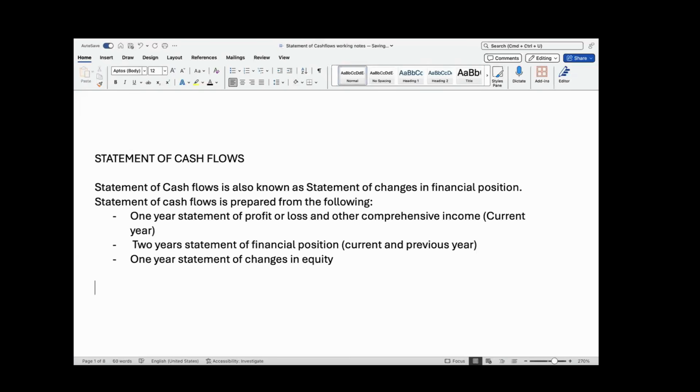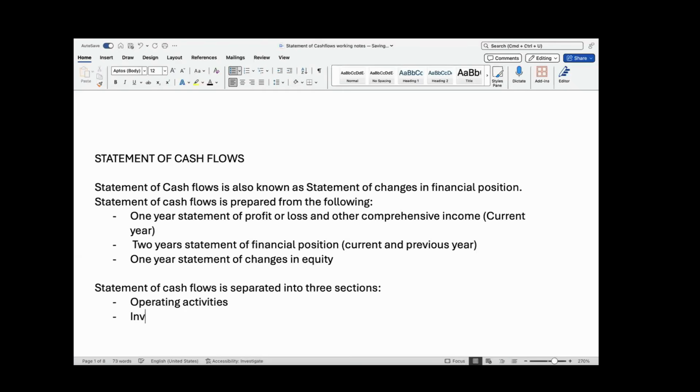Additionally, your statement of cash flows is separated into three sections. We have the operating activities section.